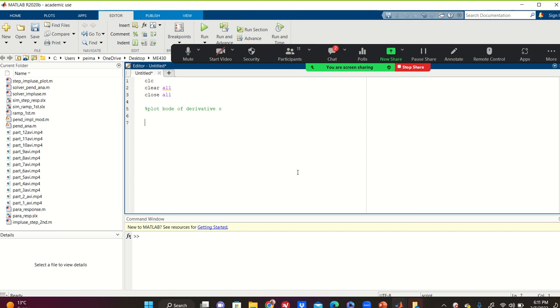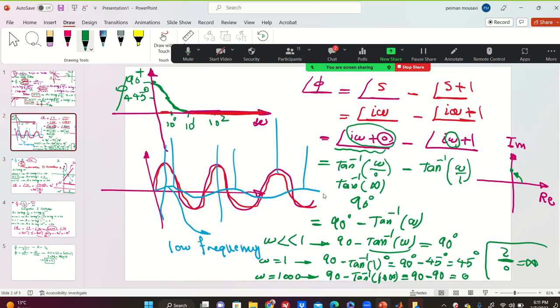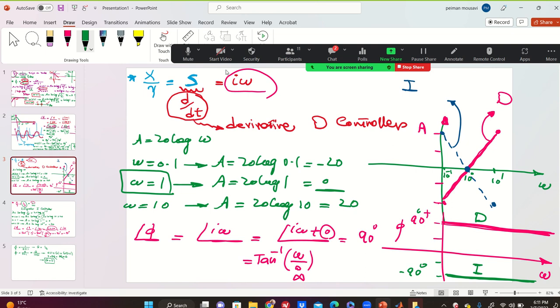So num is 1 and 0, 1 and 0, and then the closed loop transfer function. Here is the closed loop transfer function for S. I mean this, guys. I want to plot this for the S derivative.